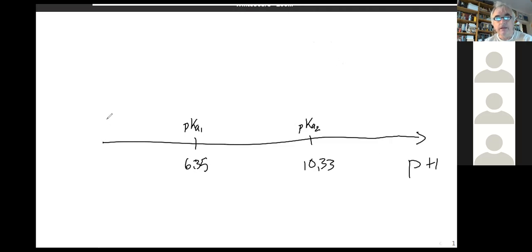Here you have carbonic acid, and then you have hydrogen carbonate, and here you have carbonate ions. So the problem is, say you have a solution with some concentration, say X moles per cubic decimeter.